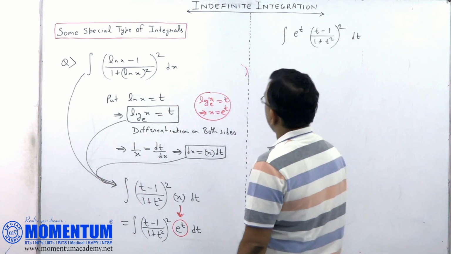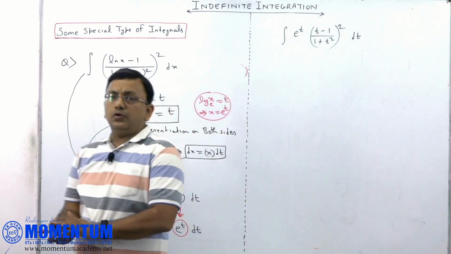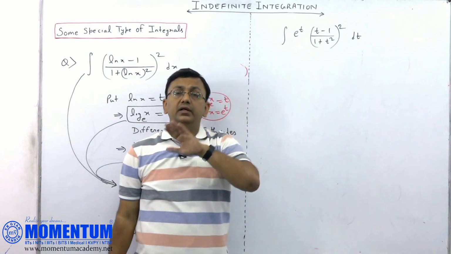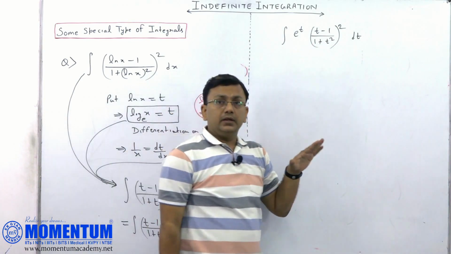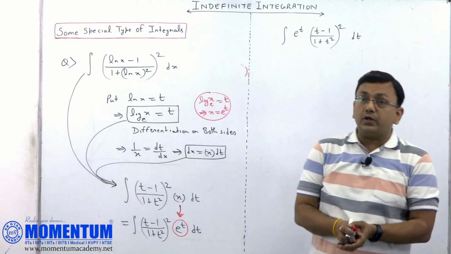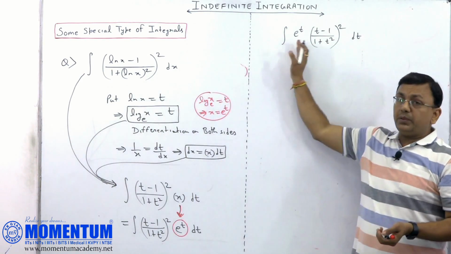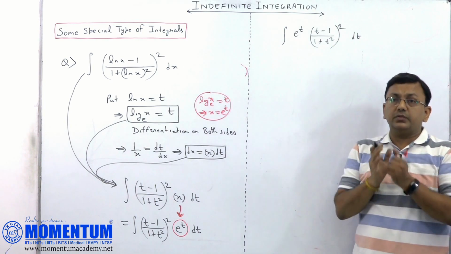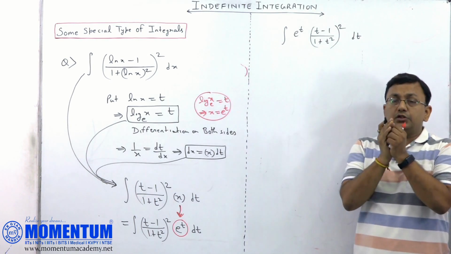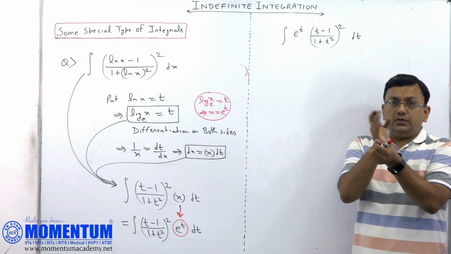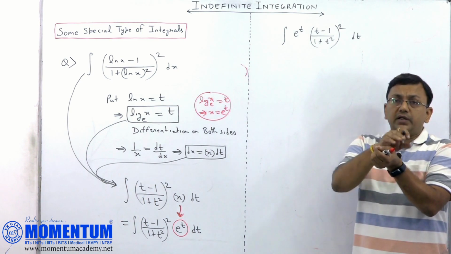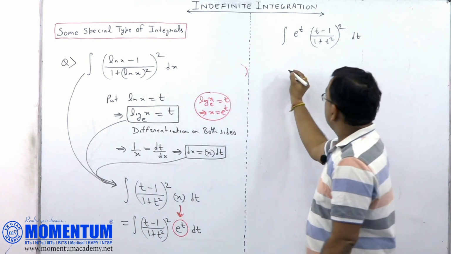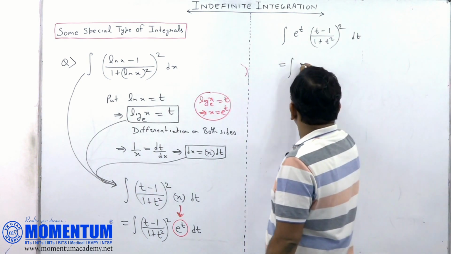Clear? Now the question arises, do we have special integral number 2 here? The answer is, not yet. What is our special integral number 2? With the e to the power, we should have function plus derivative. What's the meaning of function plus derivative? There should be two terms where one can be called the function and the other its differentiation. So that possibility is not there right now.